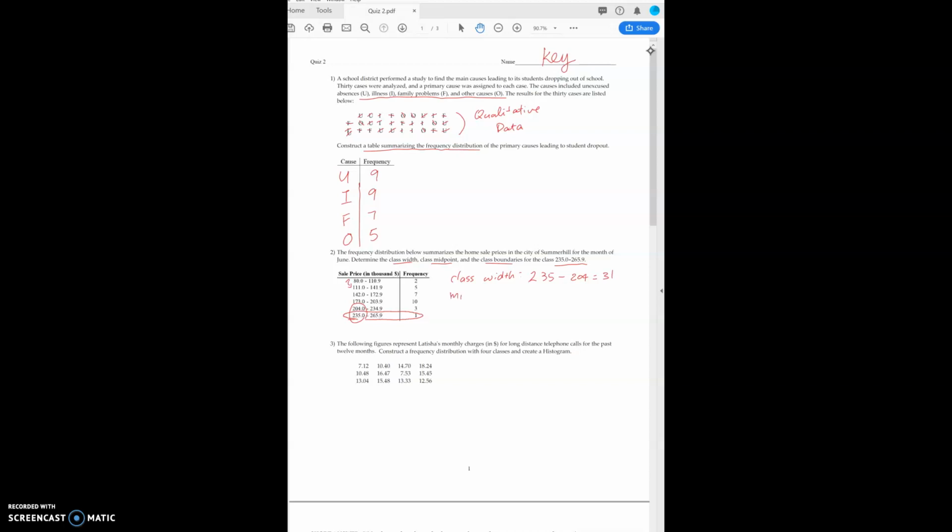The midpoint is going to be different from class to class. For this particular class, 235 to 265.9, I'm going to use 265.9 plus 235 and divide it by 2.